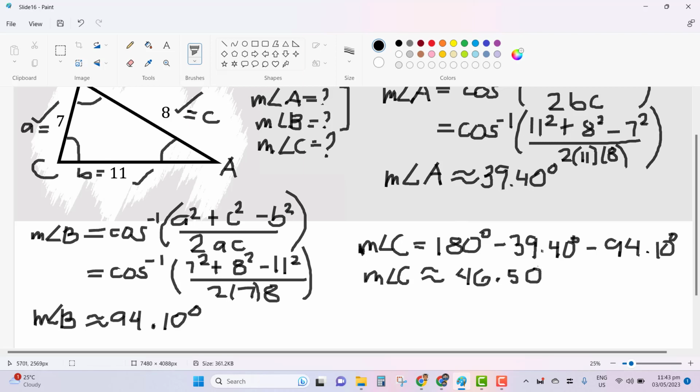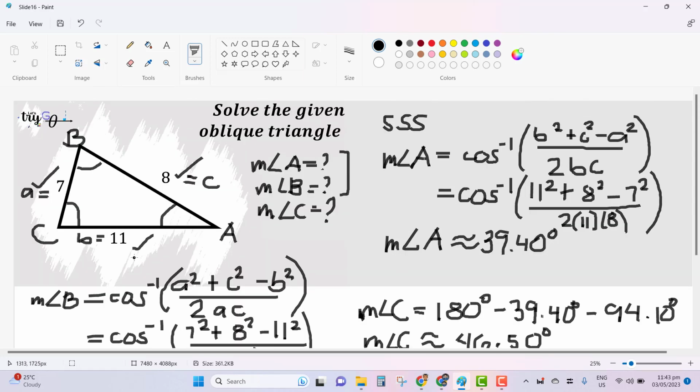Let's add 0 degrees. So these are the 3 measurements for the angles in this given oblique triangle.